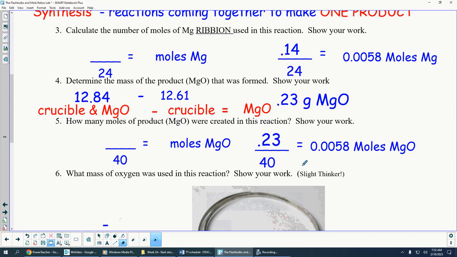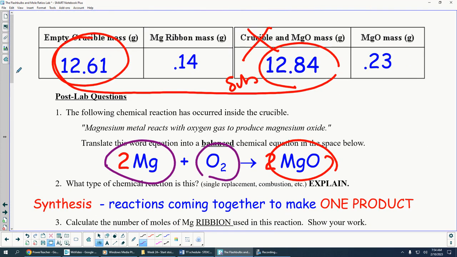Now we have a couple tricky questions. What is the mass of oxygen used in this reaction? Some people find a long way to do this, and some people see a shortcut. How much oxygen was used? Well, if my ribbon was 0.14 grams to begin with, and then I attach that oxygen, and now it is 0.23 grams, how do I know how much I stuck on there?